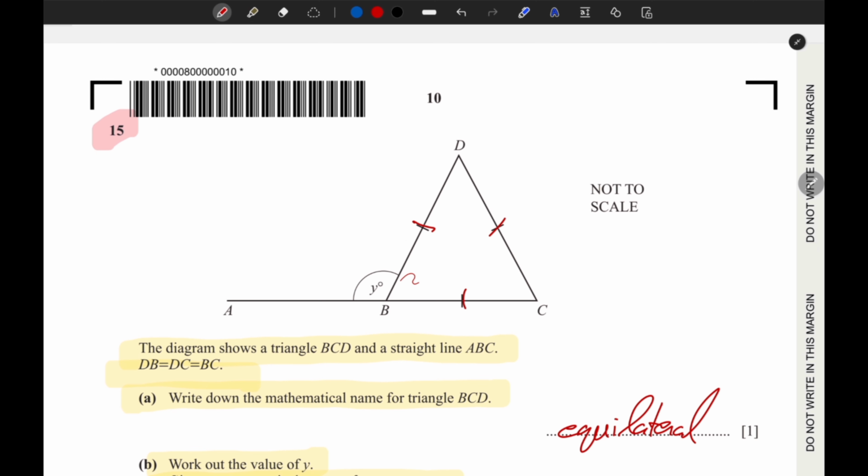Because this is an equilateral triangle, all the angles are equal, 60 degrees, and this one is a linear pair. So if this is 60, this will be 180, because of the linear pair on a straight line, minus 60, which is 120.